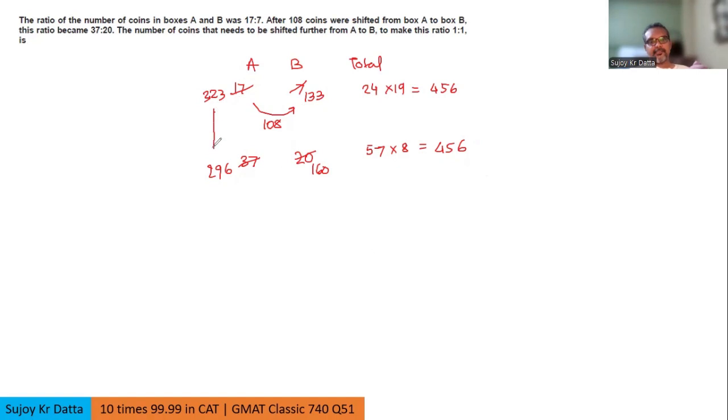Now, if you look at this from here to here, the change is 27. But the change is actually given to be 108. That means 108 were shifted. 27 times 4 is 108, so you have to scale up the entire thing 4 times. To make this 108, we'll multiply this with 4.